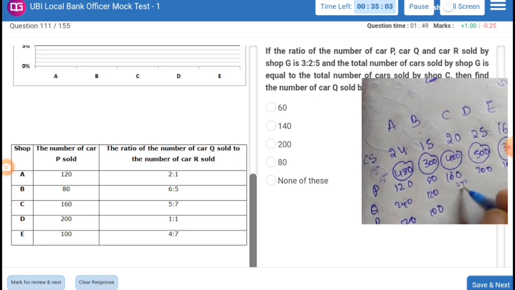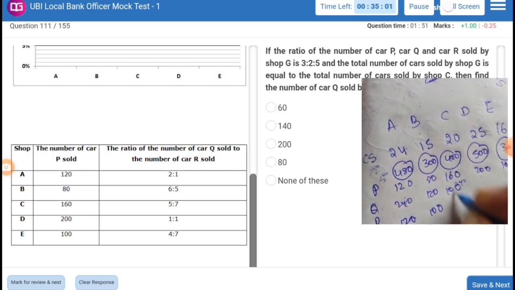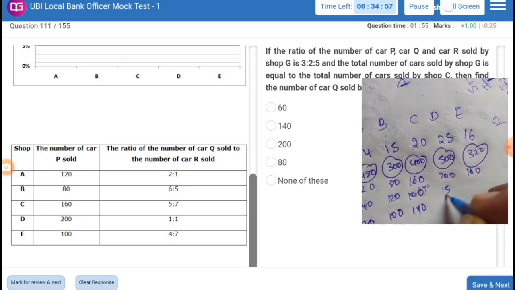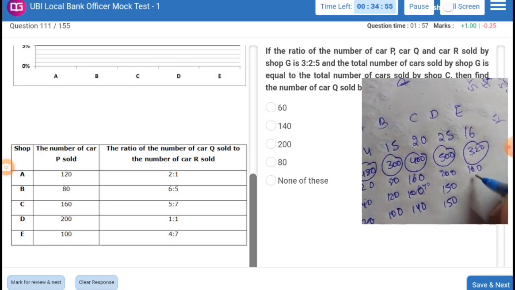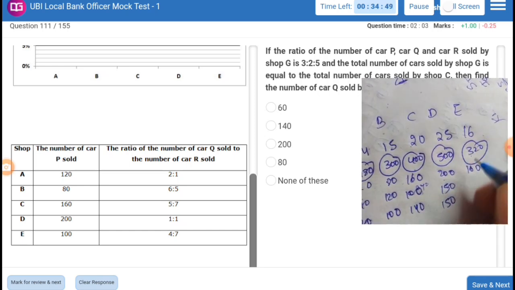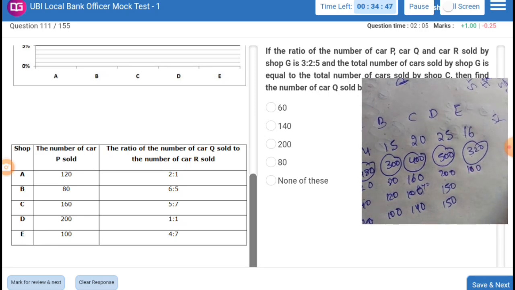So 240 by 2, that is 150, 150. 100 means 220.